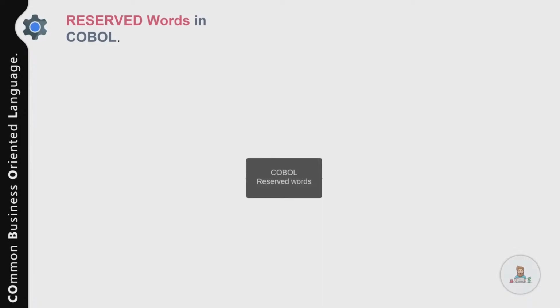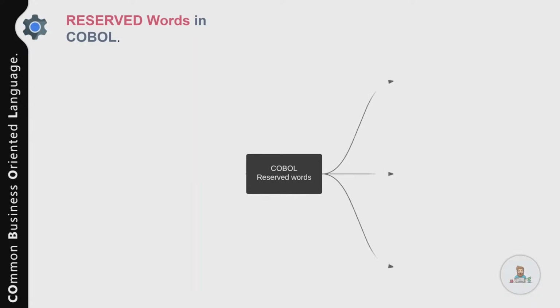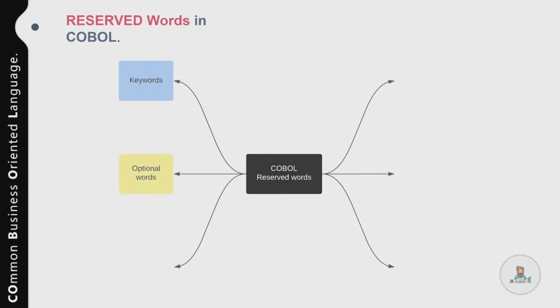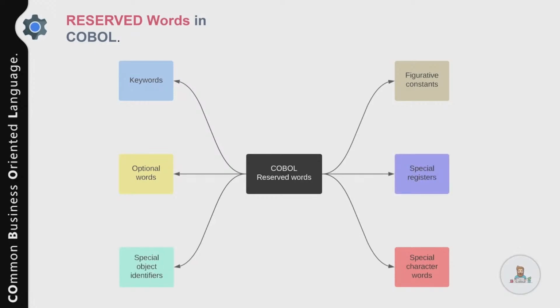Now let's talk about the reserved words in COBOL. So by definition, a reserved word is a character string with a predefined meaning in a COBOL source unit. They are basically divided into 6 different categories. First one is keywords. Second one is optional words. Third one is figurative constants.